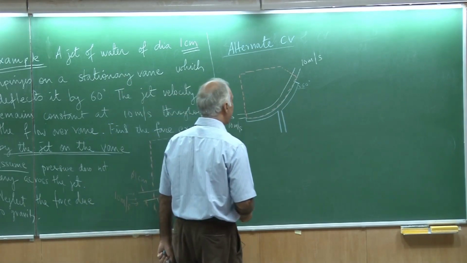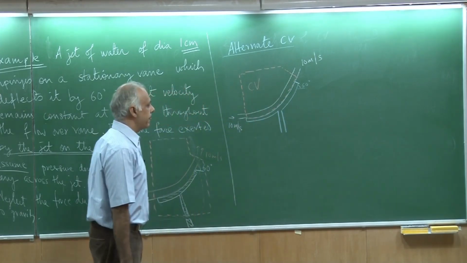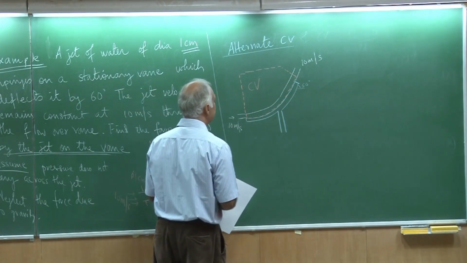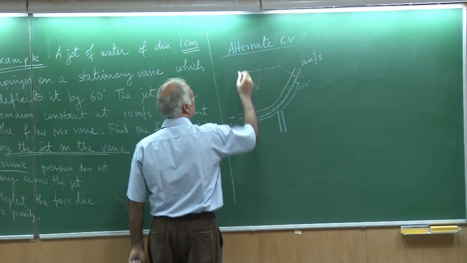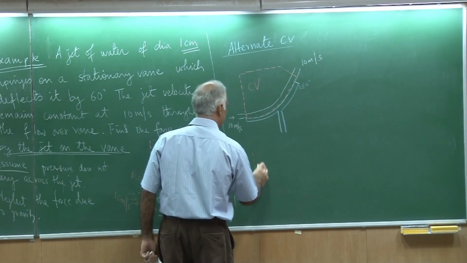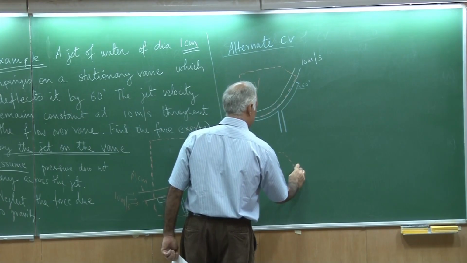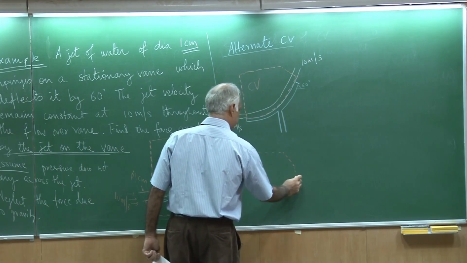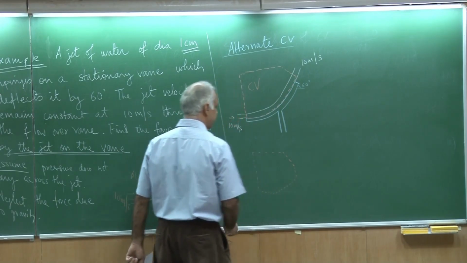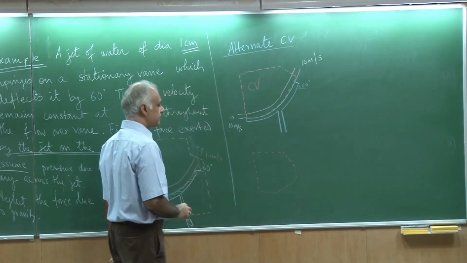Now if I try to look at the force on this control volume, so this is my new control volume. What I am going to have is the pressure distribution. So maybe what I will do is I will first draw just the control volume for you. So this is your control volume. Okay, so this is the surface of the vane.